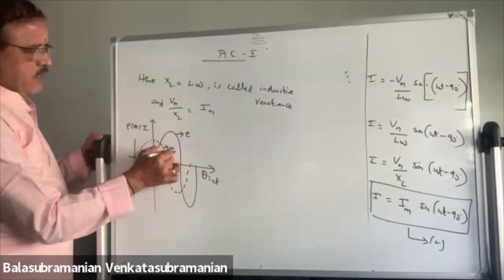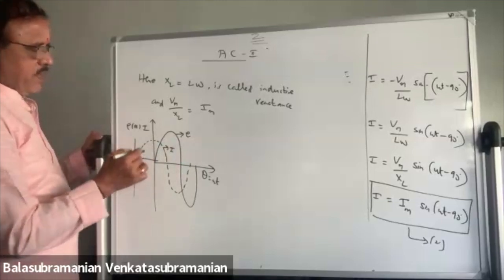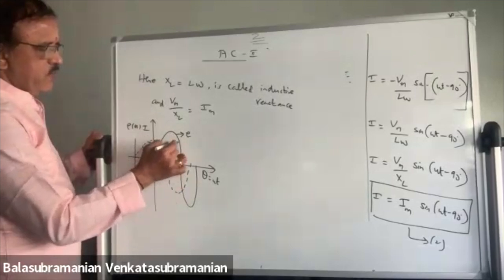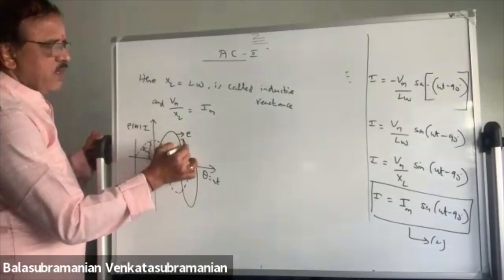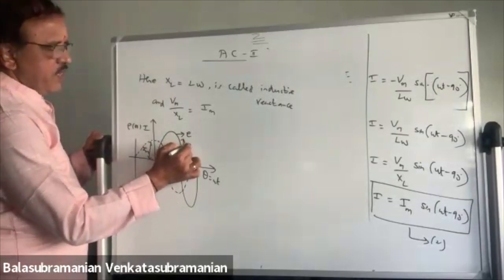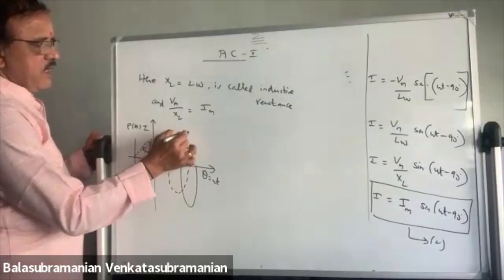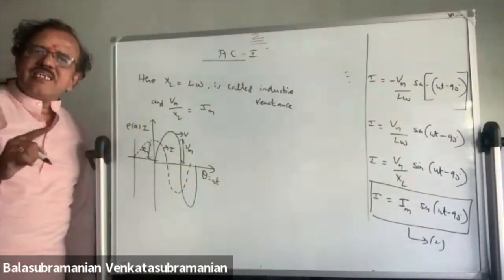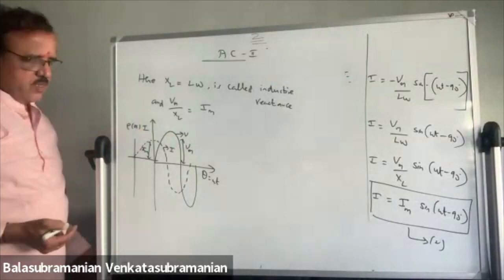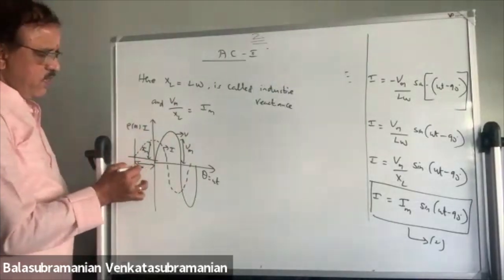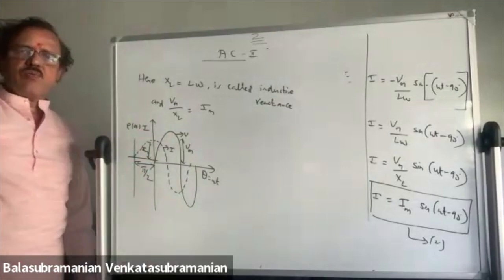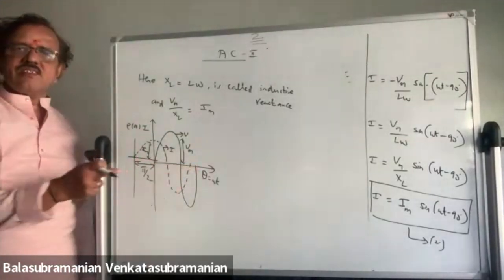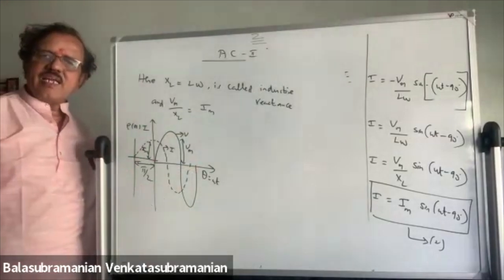This is I, with maximum value Im. Here the maximum value is Em or Vm. Voltage is leading the current by a phase of 90 degrees, pi by 2. This is 0, pi, 2 pi, whereas this lagging we call 90 degree lagging.